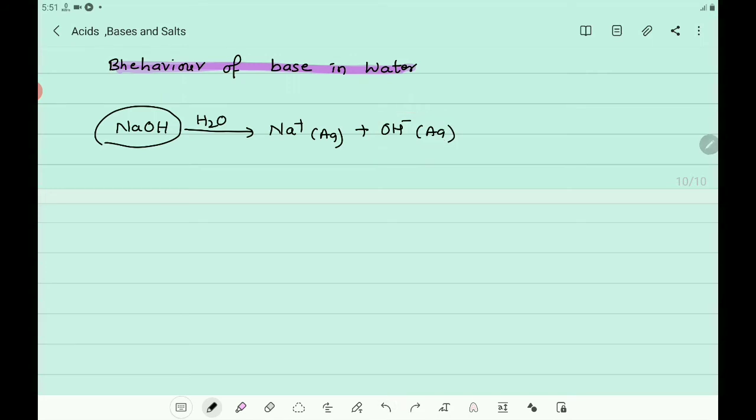Similarly, if you take potassium hydroxide, KOH, when it is dissolved in water, it also gives K plus aqueous ion and OH minus aqueous ion.